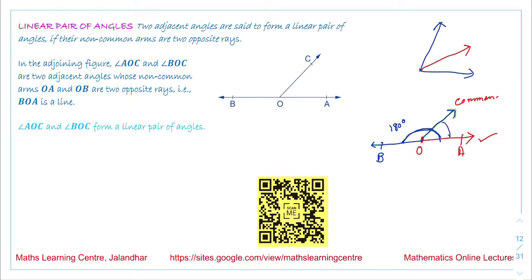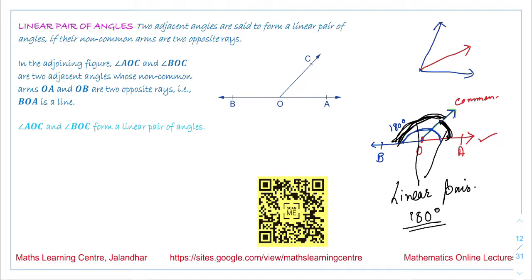Then these two angles we are talking about, this angle and this angle, form the linear pair. So a linear pair basically means that the sum of the angles is 180 degrees and they have a common vertex.